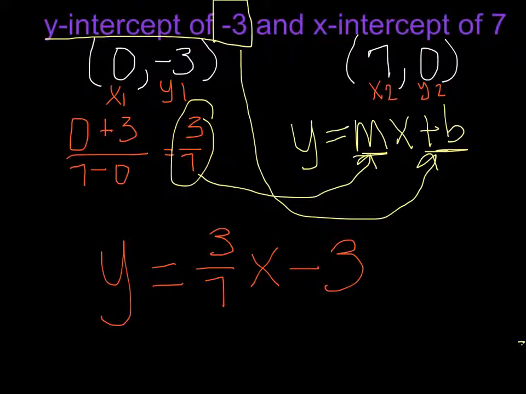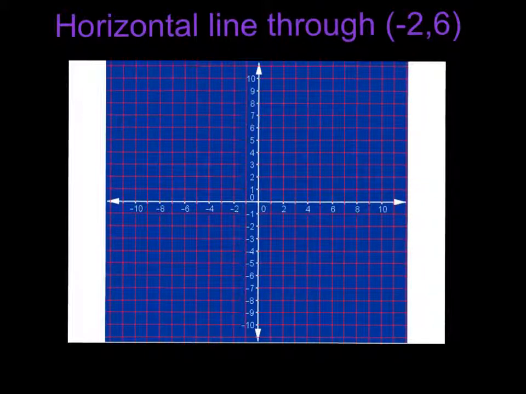Two more examples left. The first one says a horizontal line that goes through the point -2, 6. First, we need to find the point -2, 6. We locate -2 on the x-axis, which is right here, and I locate 6 on the y-axis, which is right here, and find where those two lines cross. Now I'm going to draw a horizontal line. A horizontal line, remember, looks like the horizon. It's flat and runs side to side.